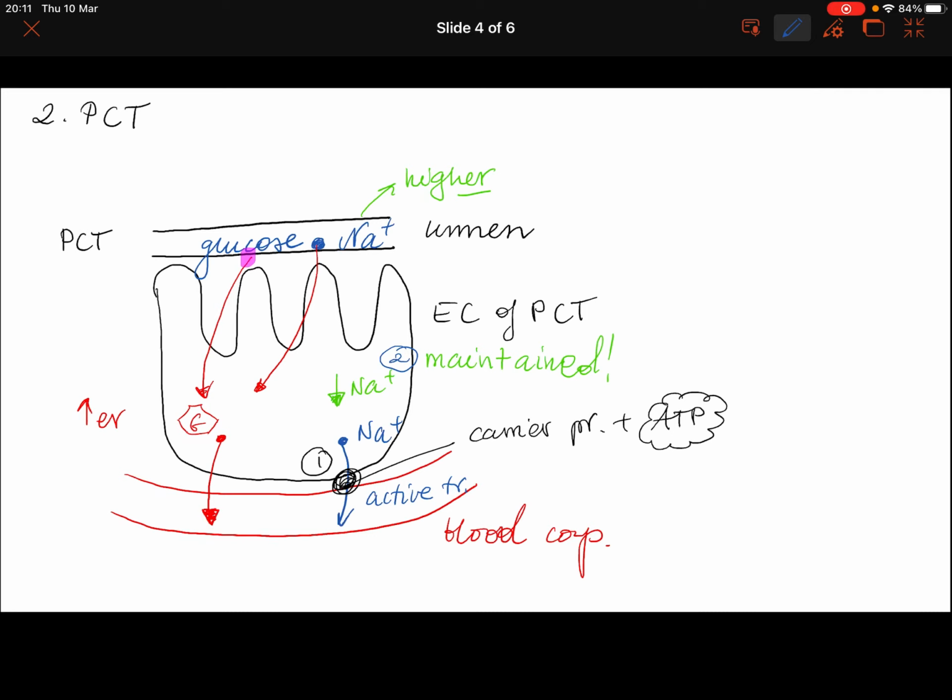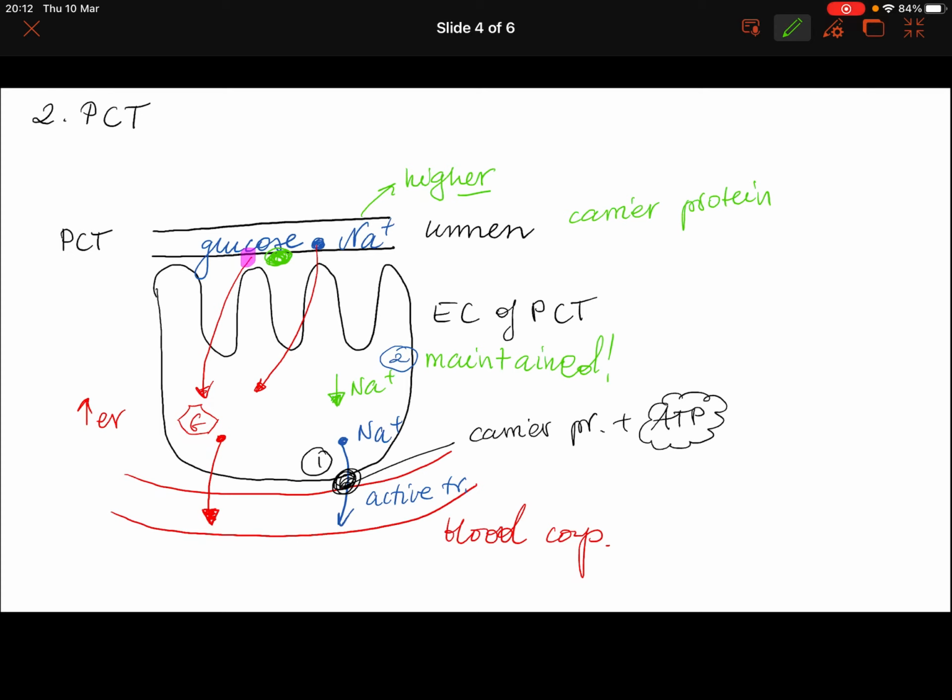Again, for effective transport, we require a carrier protein here. Remember, the carrier proteins involved in this process will be different and have different 3D tertiary structures, because we are transporting glucose and sodium ions through facilitated diffusion, which of course are different.